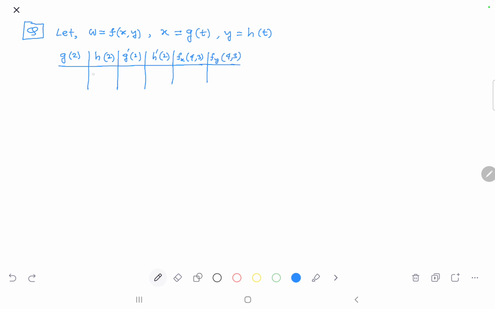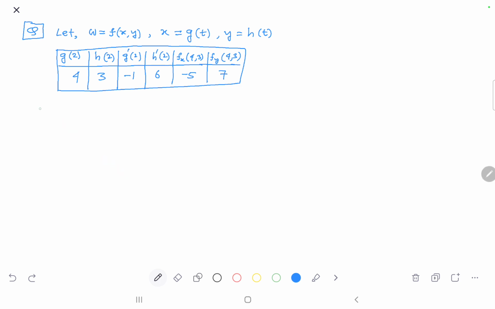That is given. So this is 4, this is 3, this is minus 1, this is 6, this is negative 5, and this is 7. So we have a table like that. Is the table clear? Yeah, it's fine. Okay. Now here is the question.